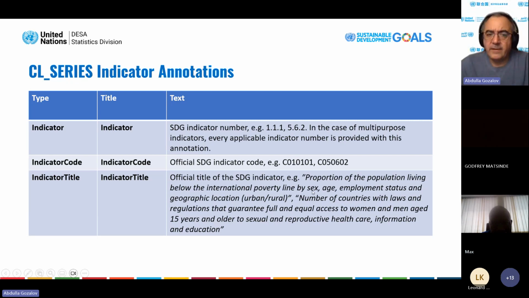So basically what it means is that in your national customized data structure, you can, and I think you should, use annotation indicator to provide the indicator number for your series, and indicator title to provide the title of the indicator that this series belongs to.